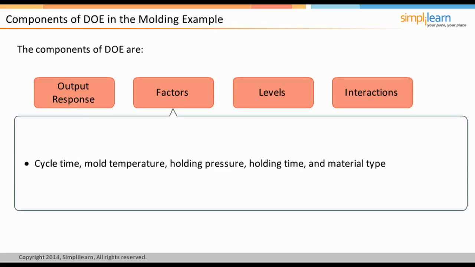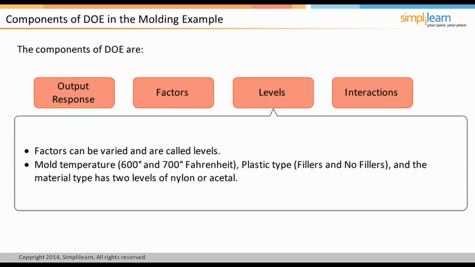Factors of this experimental setup are cycle time, mold temperature, holding pressure, holding time, and material type. Factors can be varied and are called levels. The molding temperature can be set at 600 degrees Fahrenheit or 700 degrees Fahrenheit. Plastic type can be fillers and no fillers, and the material type has two levels of nylon or acetal.